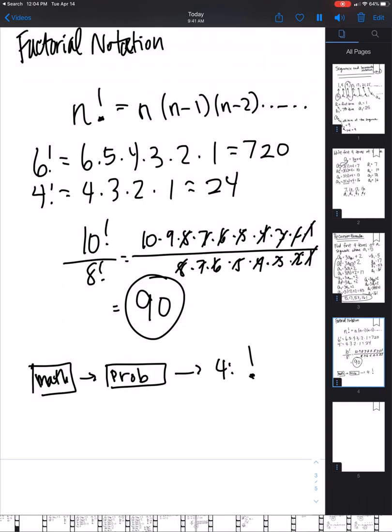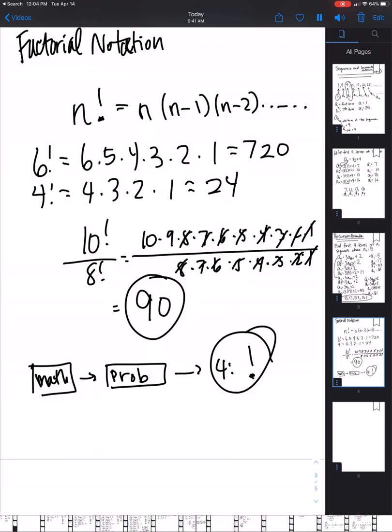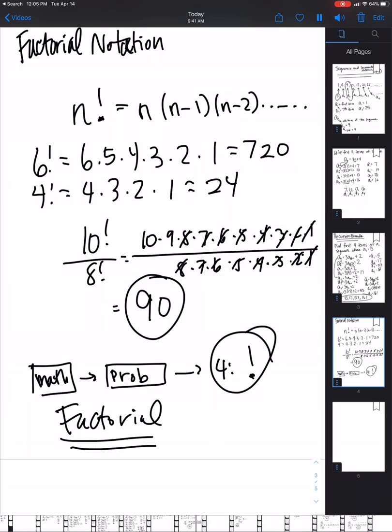So you don't have to actually do all this math. I just wanted to show you, in case you ever see it again, you'll know how to do it. Math, scroll over, fourth one. It's called a factorial, okay? There were some problems with some factorials, so I just wanted you to know how to do it in your calculator.